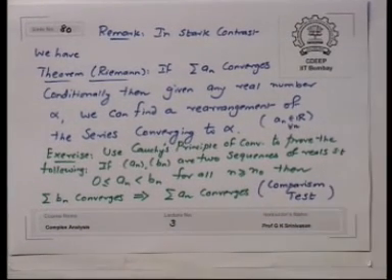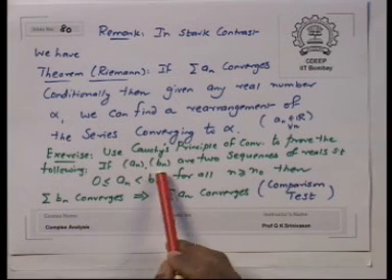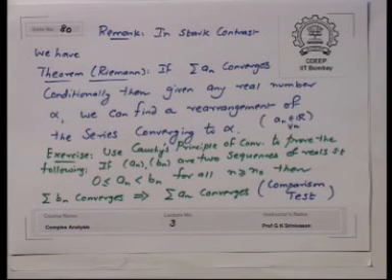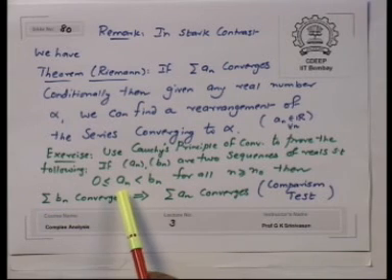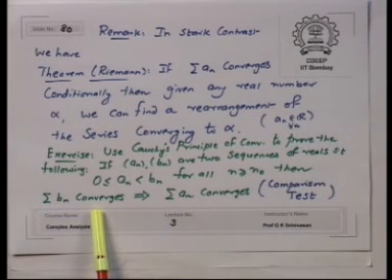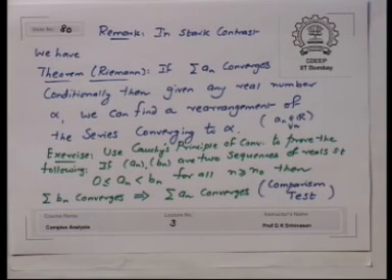Now, here is a little exercise for you. Use Cauchy's principle of convergence to prove the following theorem. If you take two sequences of real numbers with 0 less than or equal to an less than bn for all n bigger than or equal to n naught, so that the sequence bn dominates the sequence an, then sigma bn converges implies sigma an converges.